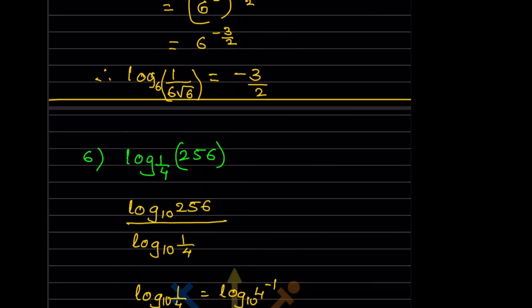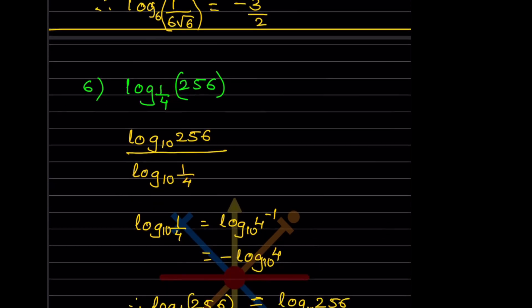Now this we can also write as log of 256 to the base 1 by 4, and the other as log of 1 by 4 to the base 10. Wherever nothing is written, the base is going to be 10. Let us simplify this one. Log of 1 by 4 to the base 10: we can write 1 by 4 as 4 raised to minus 1.